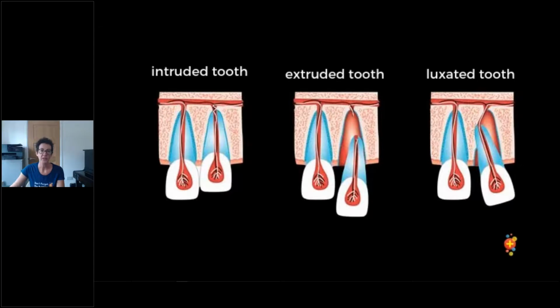And really the management of these intruded teeth depends on the direction and the degree of the intrusion, because usually when they're intruded, as in pushed up into the gum, they're pushed away from the waiting secondary teeth underneath if they're primary teeth. And so they don't generally need much action.